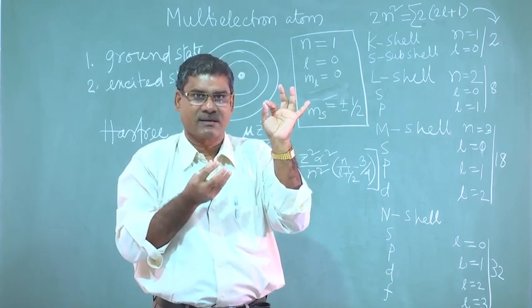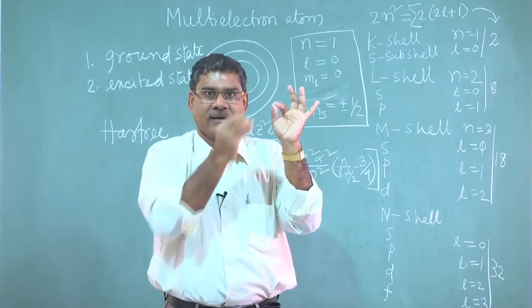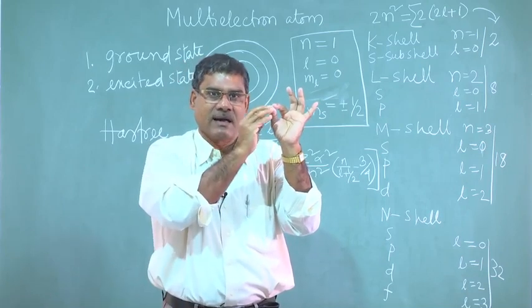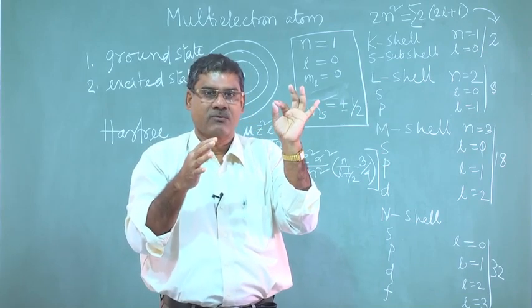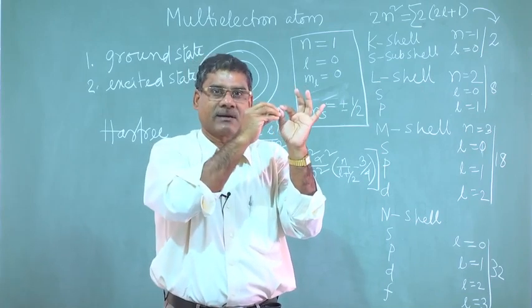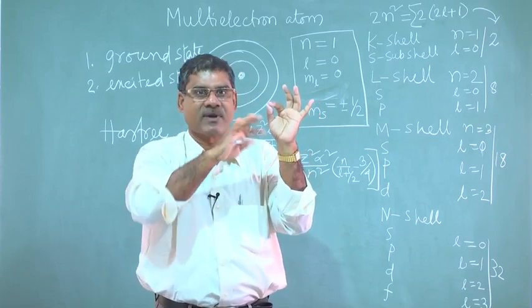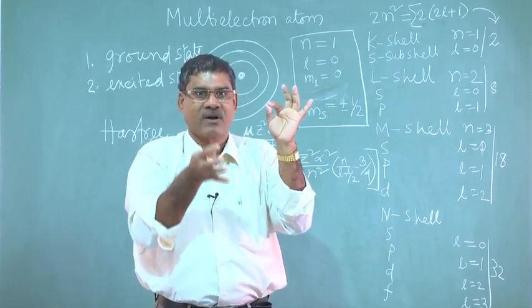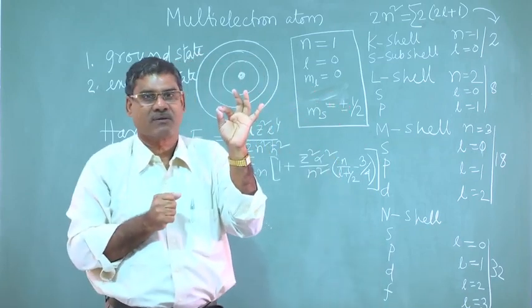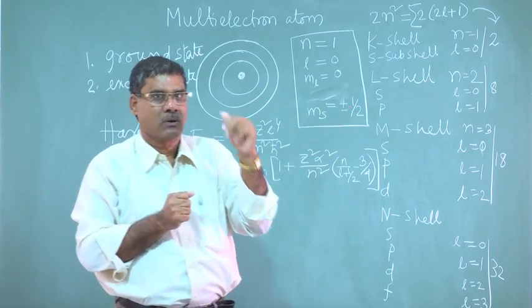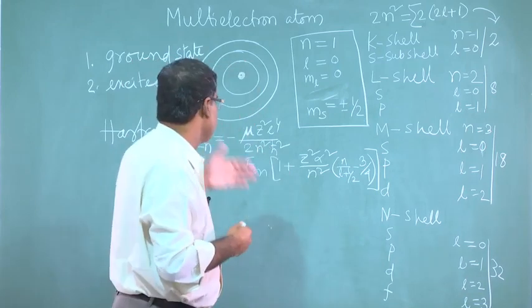The nucleus has that Coulomb interaction, and apart from that, if there is more than one electron, what will be the effect of the other electrons on this electron? That was considered as an average spherical potential. That effect will be introduced here.